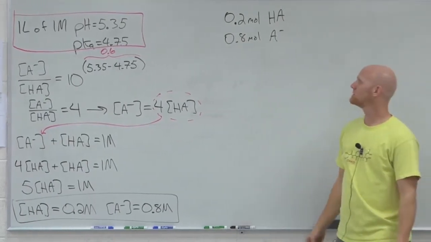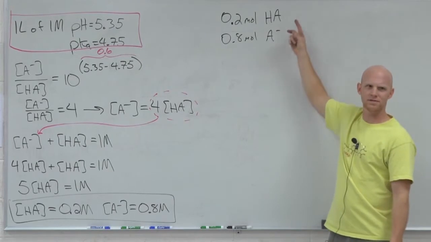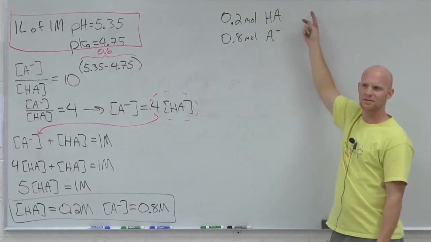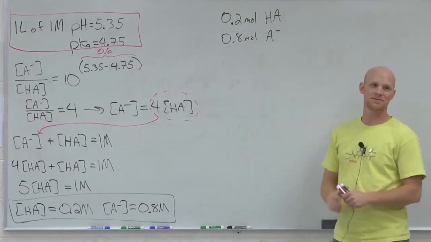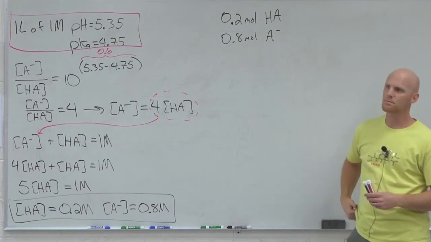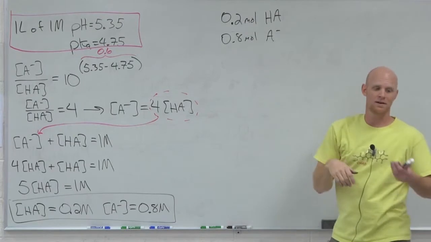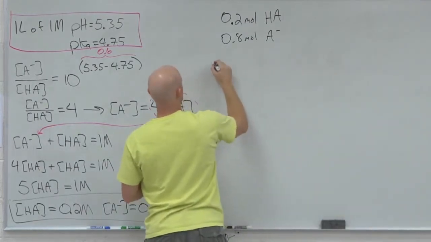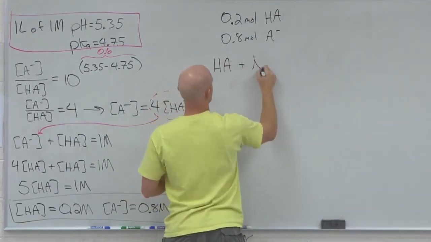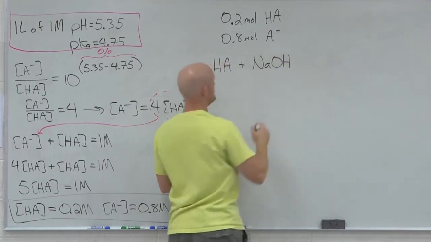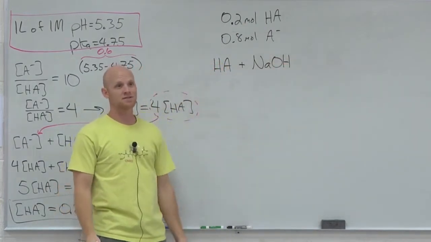But notice, was I starting out with both of these available in this question? No. What do I have available? Only HA out of these two. And what am I adding with that HA? NaOH. Well, HA is an acid, NaOH is a strong base, and they're going to react.